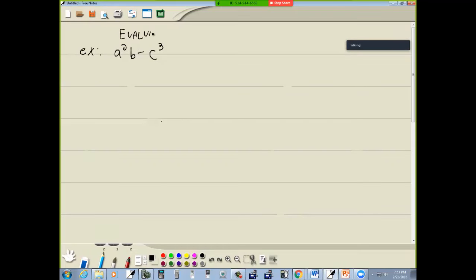So we're going to evaluate a squared b minus c to the third when a is equal to -1, b is equal to 2, and c is equal to 3. This would be, for example, if you had a formula. If you're going into engineering or something of that type and you're given a formula and you need to plug in your numbers and then find out what the value is. This is the exact same principle.